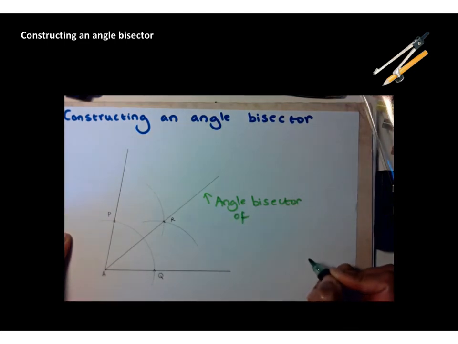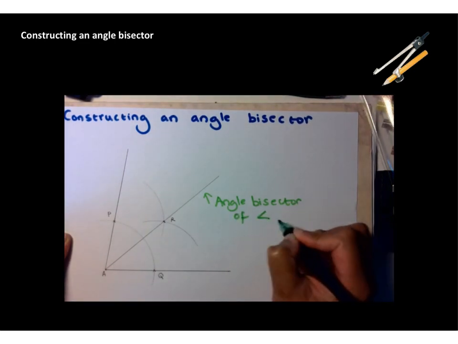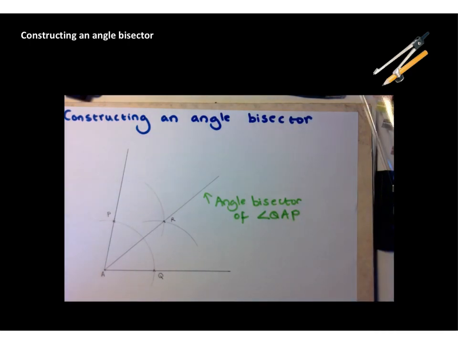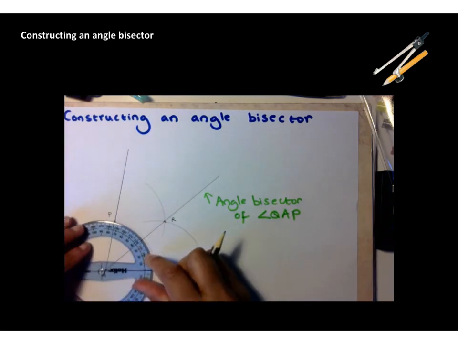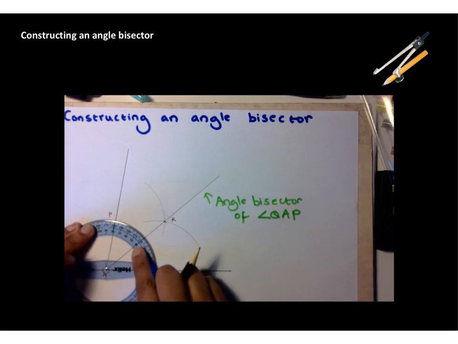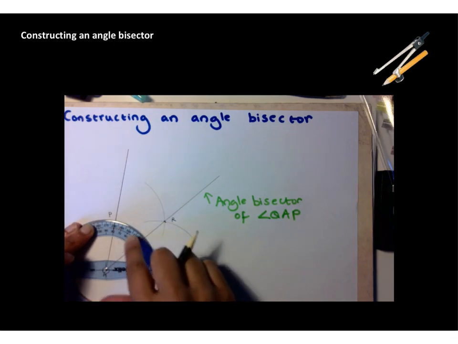And which angle has it bisected? It's bisected angle QAP. Now let's have a look. I told you that angle QAP was equal to 80 degrees. So let's measure angle QAR. Can you see it's 40 degrees? Hopefully you can just about see that. And then 40 degrees from here to here.